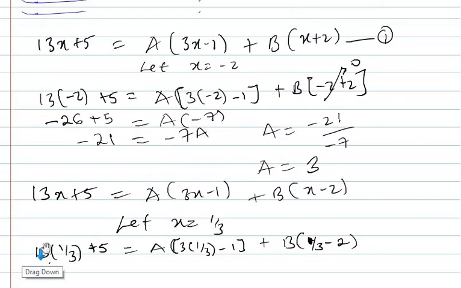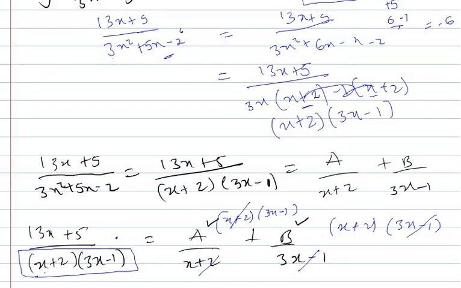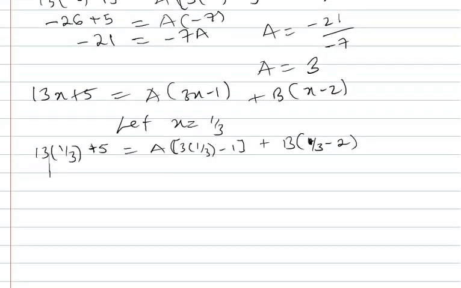Then here I have 13/3 plus 5 here, equal to, this goes to 0, so I have b times (1/3 minus 2). Is this minus 2? Let me check.